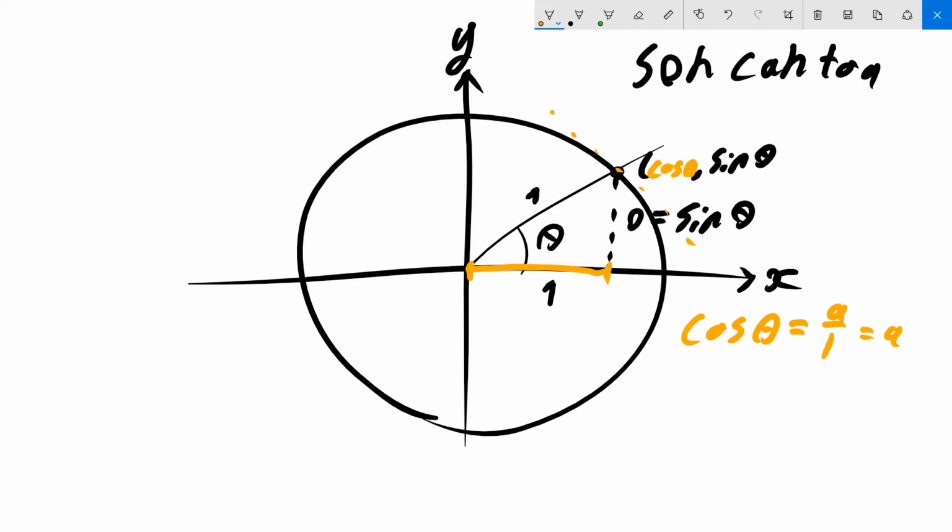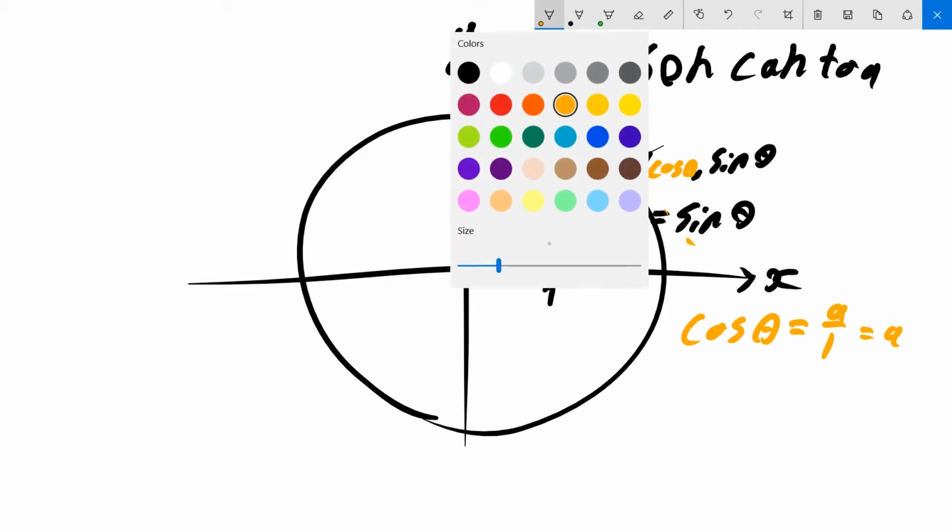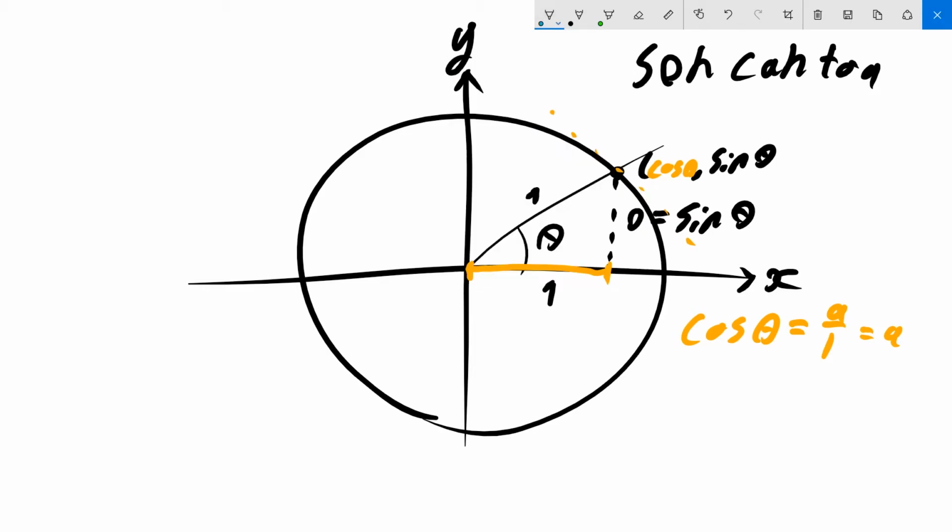So let's start playing around with our angle theta. First thing that I want to do is get the sine of 180 minus theta. I want to know what that equals. Well, we can just draw this on our unit circle. It's going to be around about there.